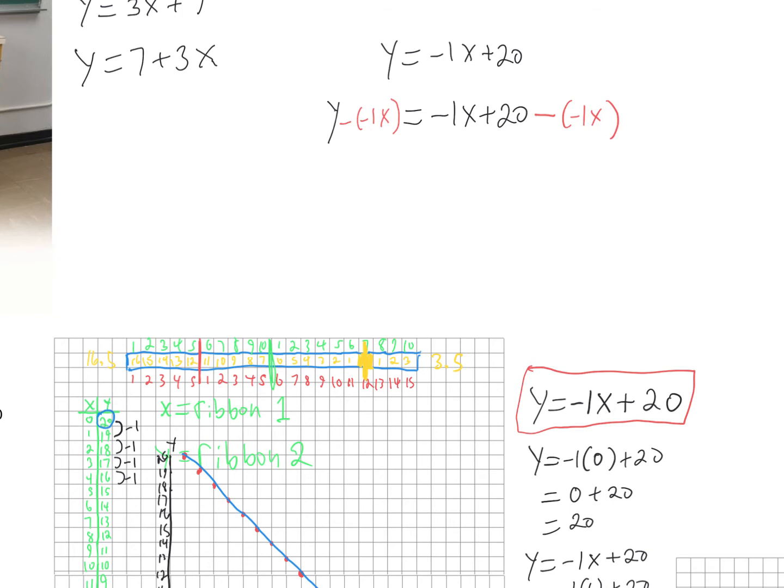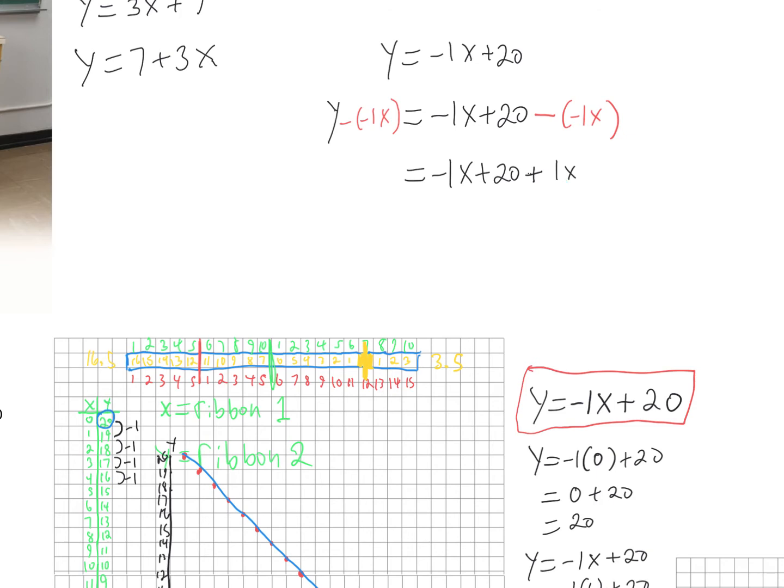So really, what I have here is negative 1x plus 20, and then I'm going to add 1x, because remember, subtracting a negative is the same as adding a positive.